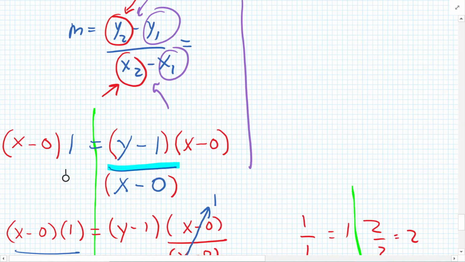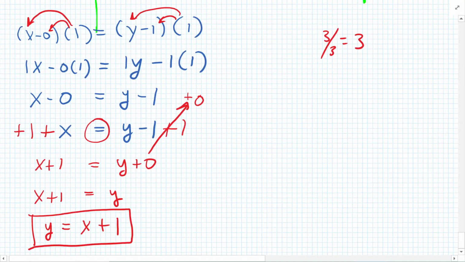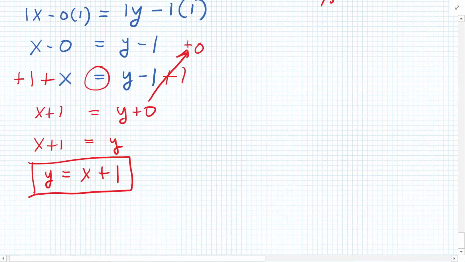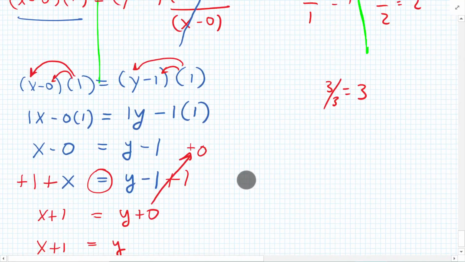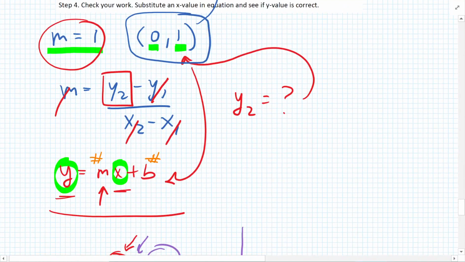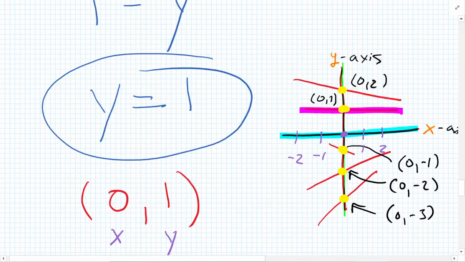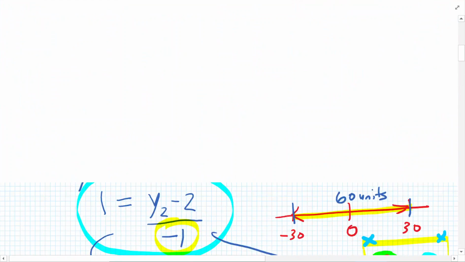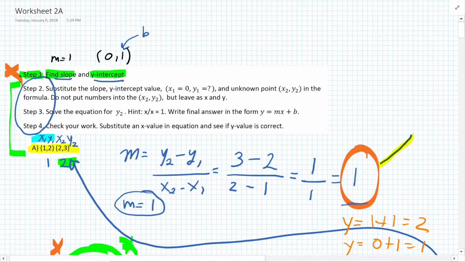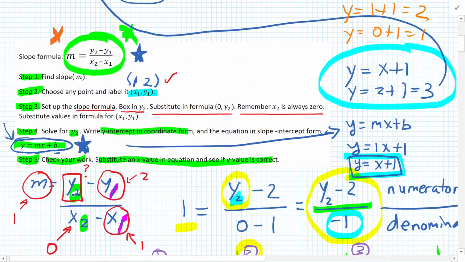And then we simply simplified it and got y by itself on the left side of the equation. And we've developed the same slope intercept formula that we did previously. If you go back up to the top, that's what we found. Y equals x plus 1.